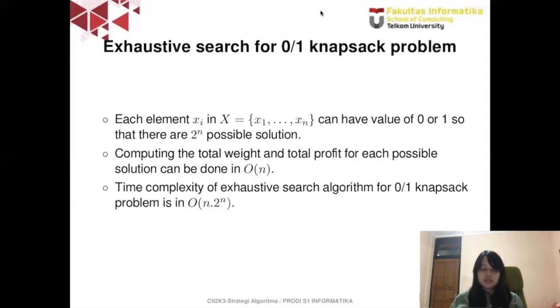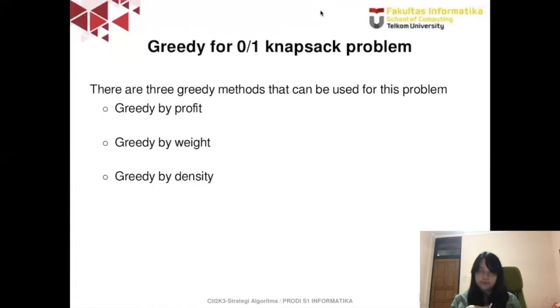Now, let us consider greedy. There are 3 greedy methods that can be used to solve the knapsack problem. There are greedy by profit, greedy by weight, and greedy by density. For greedy by profit, we think that I don't want to lose the item with the largest profit.